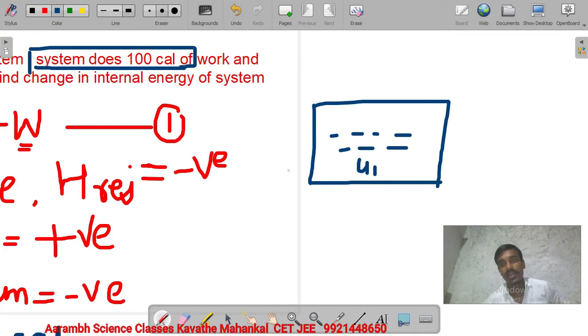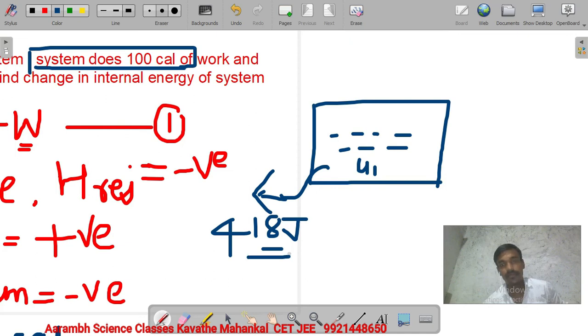We know the value of the work done by the system, which converts to 418 joule. And the system also absorbs 600 joule of energy, or you can say the heat. This is the heat absorbed by the system, 600 joule.